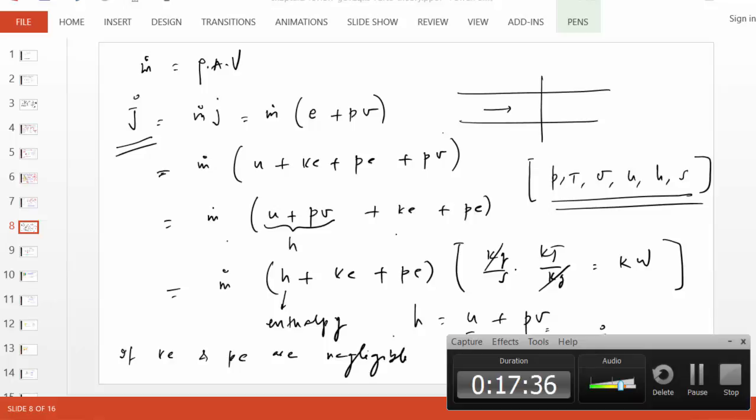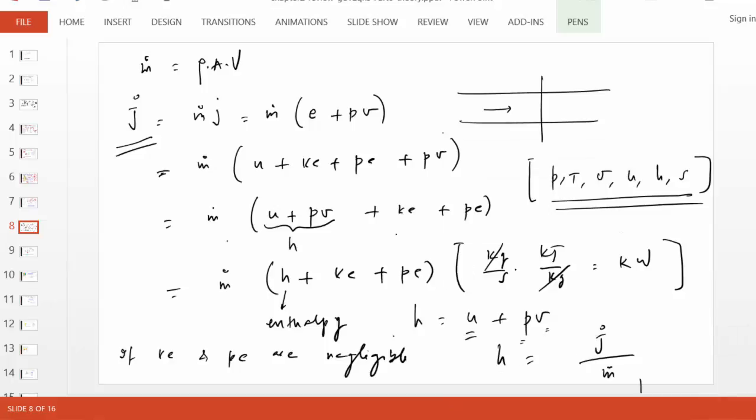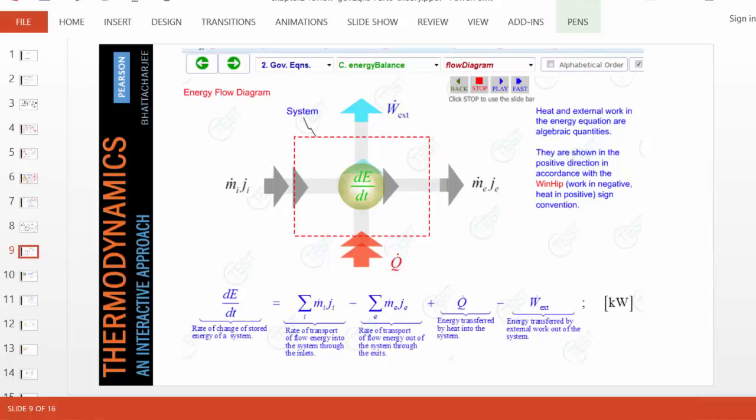Okay, we can now put it all together and get what the energy equation looks like, get an expression for it.